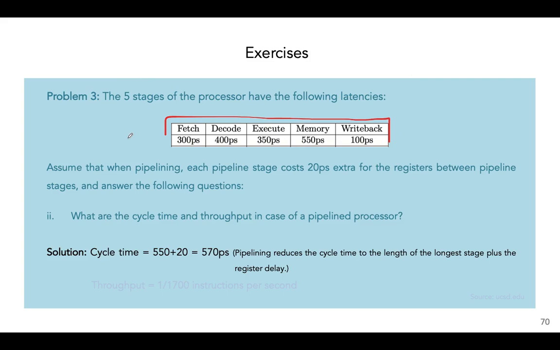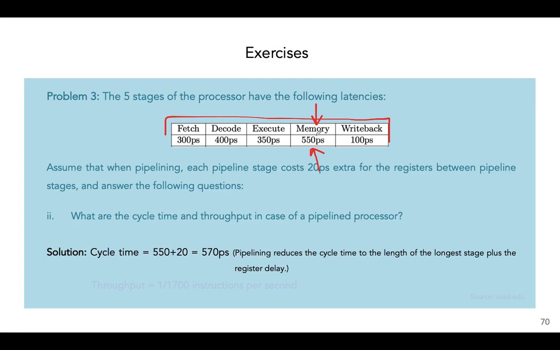In pipelining, we do all of this simultaneously, which means that the largest amount of time any instruction will take will be dependent on the largest latency of any of the stages. Because think about this. In this case, this is the largest latency, right? 550 ps. All the other 4 stages take less time than this, which means when an instruction is in stage 4, right?